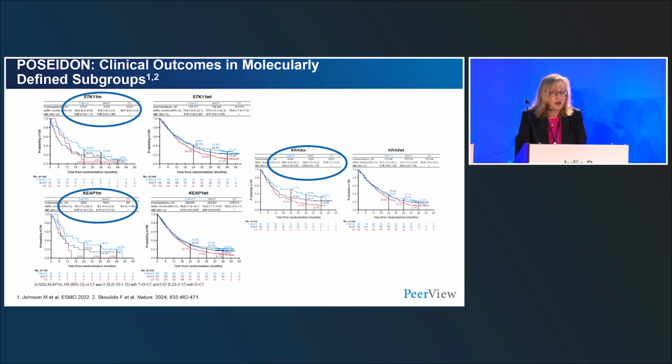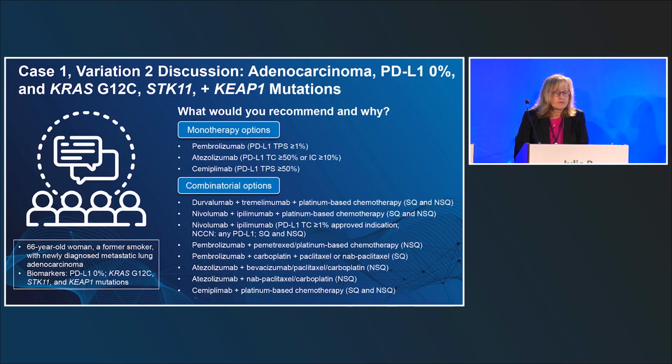You can see that upper survival curve here for those patients who typically would not do well with single-agent ICI. And then the KEAP1 mutation patients are also doing better with the PD-L1 plus CTLA-4. And then again, looking at the KRAS mutation patient subgroup, again doing better with the combination of durvalumab plus tremelimumab plus chemotherapy.